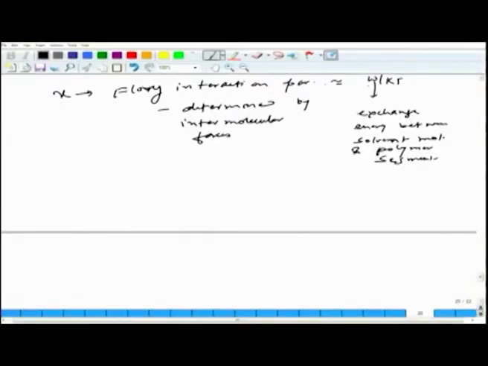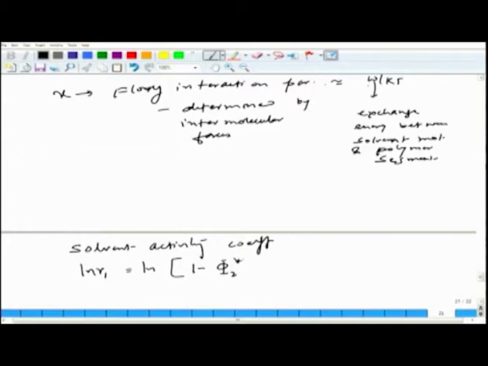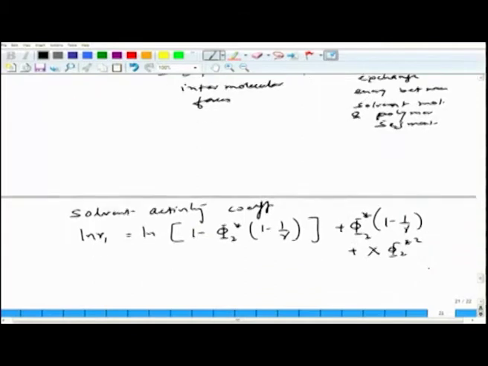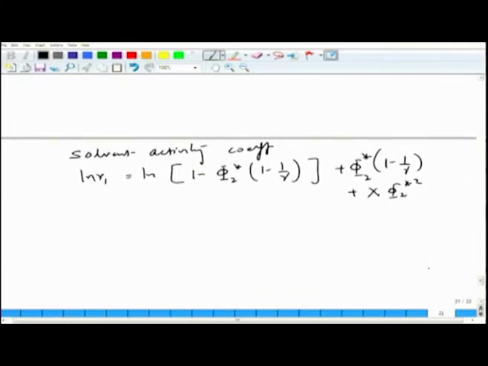So I am going to write down the solvent activity coefficient in this case. ln gamma 1 is ln of 1 minus phi 2 star, plus 1 minus 1 by r times phi 2 star, plus chi phi 2 star squared. So this is the solvent activity coefficient.